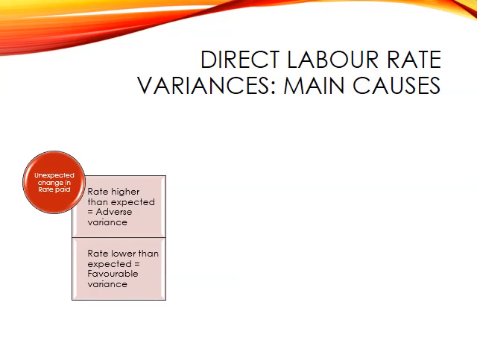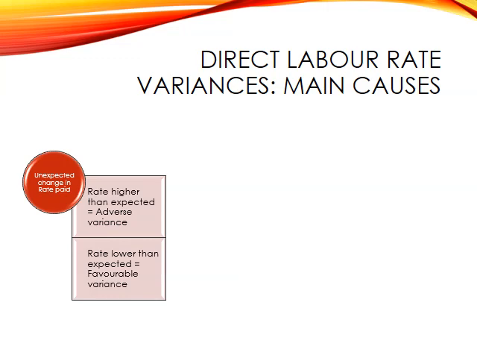It may be that perhaps there's been a change in the law requiring more costs to be incurred. It might happen for a variety of different reasons. Now, if the rate is higher than expected, that's going to cause an adverse variance, and conversely, if the rate is lower than expected, well, we're going to have a favourable variance.